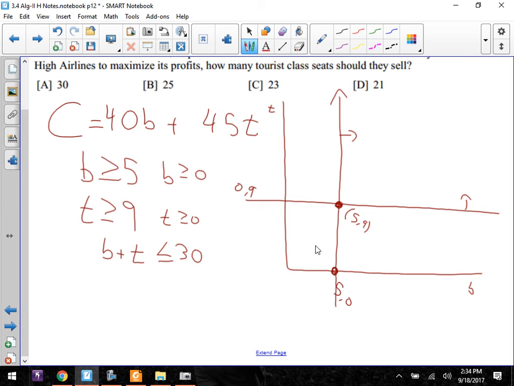So I just place my 30s out. 30, 0, and 0, 30. Is that one moving outward or inward? Moving inward, isn't it? Yeah. Okay. It's moving inward. So we get this region in there. You okay with that?